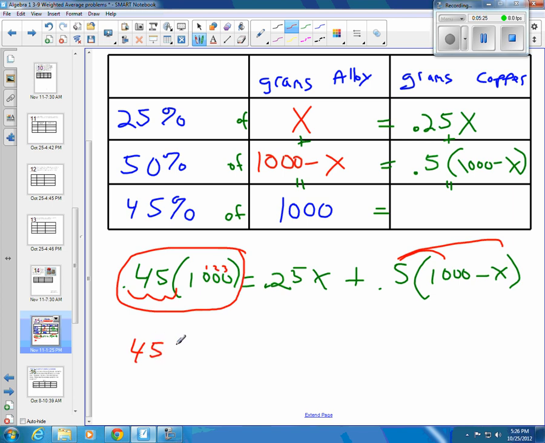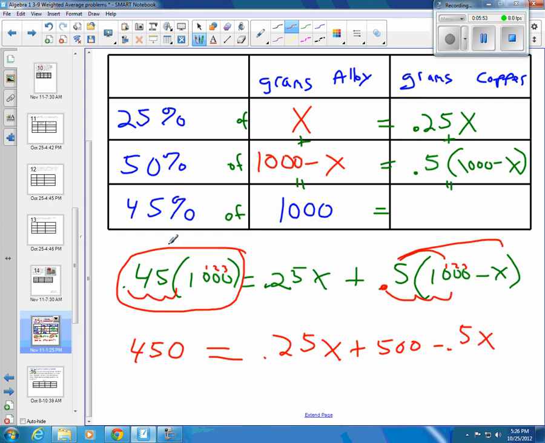So that makes that number 450, and shame on you if you grabbed your calculator for that. Then I'm going to rewrite my 0.25x, and then I'm going to distribute my 0.5. So 0.5 times 1,000, again, I've got 3 zeros there, so I'm going to move my decimal 3 places. That's going to be 500 minus 0.5x when I distribute my 0.5.